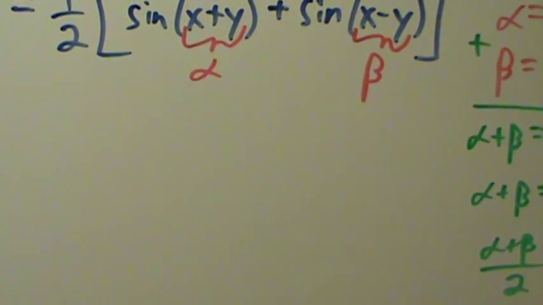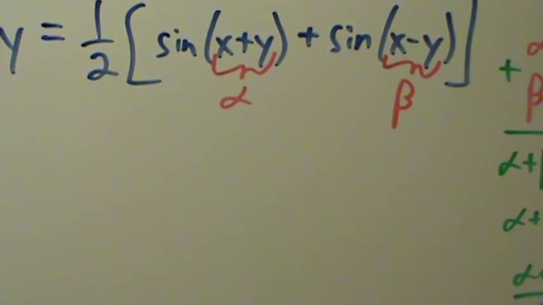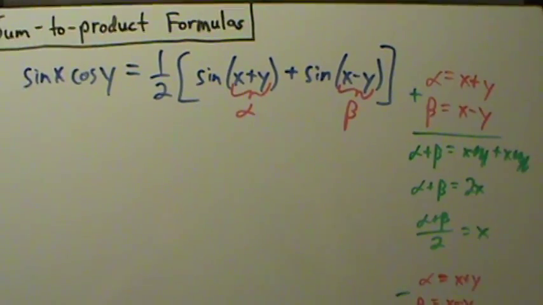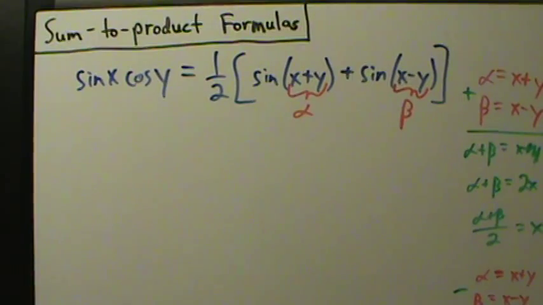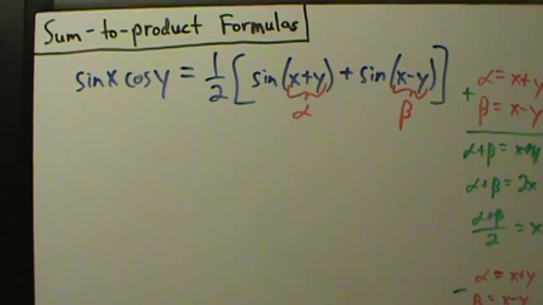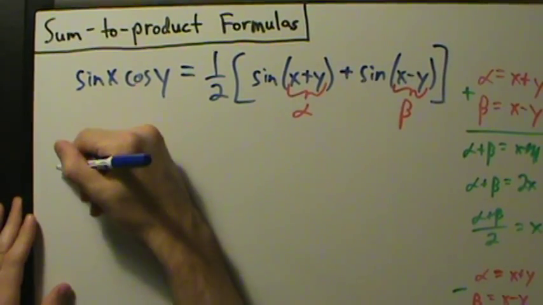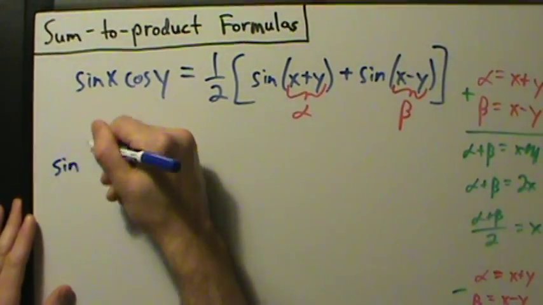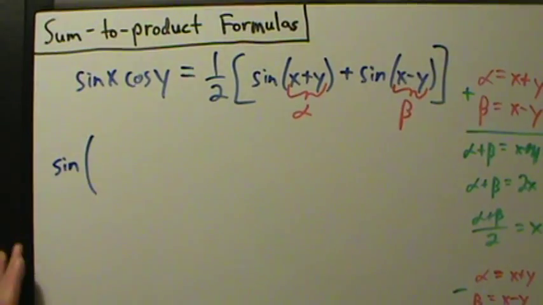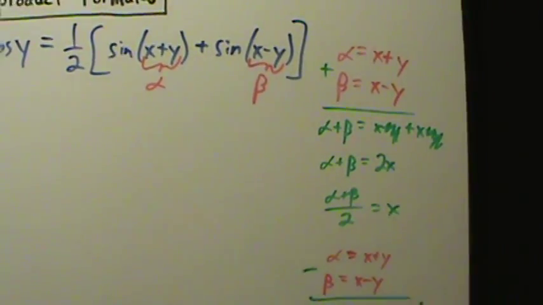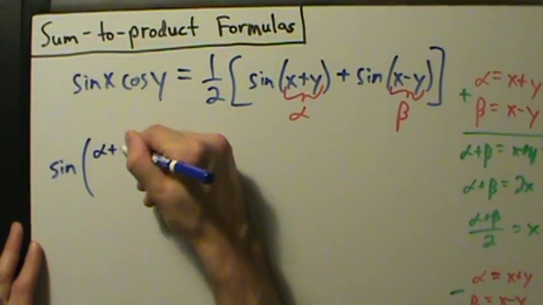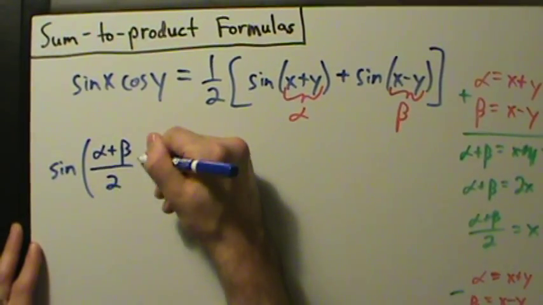So now we can use that to rewrite everything in this formula in terms of alphas and betas. Okay, so let's go ahead and do that. So then what we have is a sine of, now remember x is alpha plus beta over 2, we found out earlier, alpha plus beta over 2.